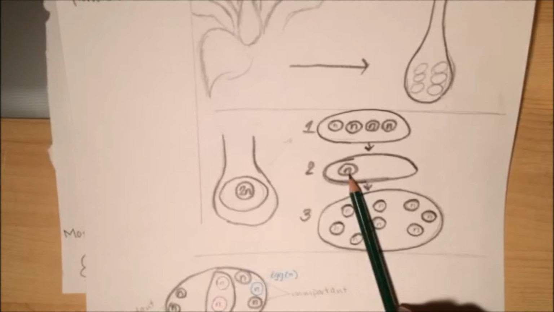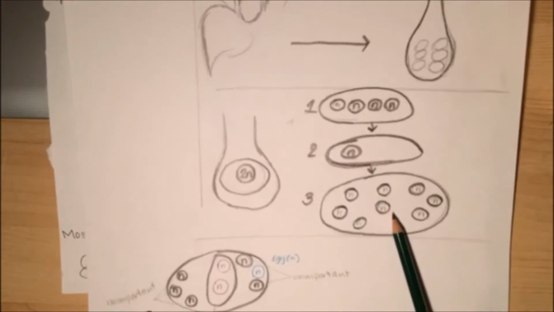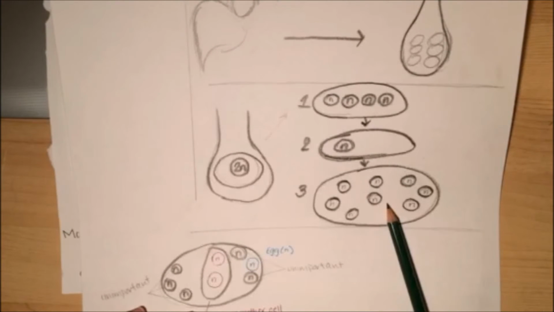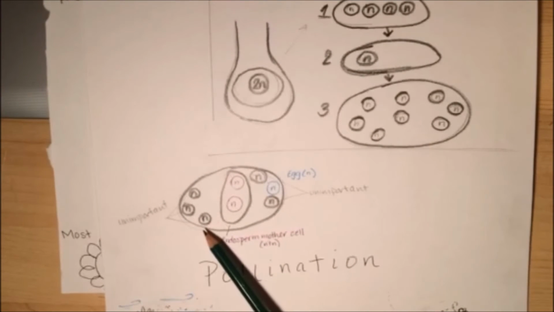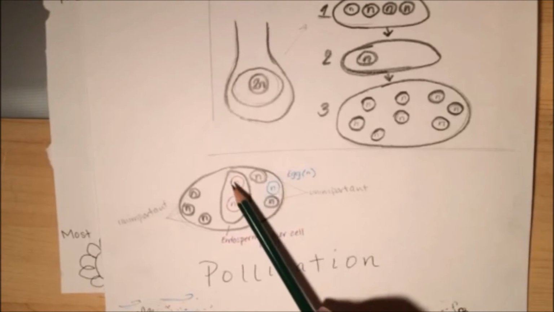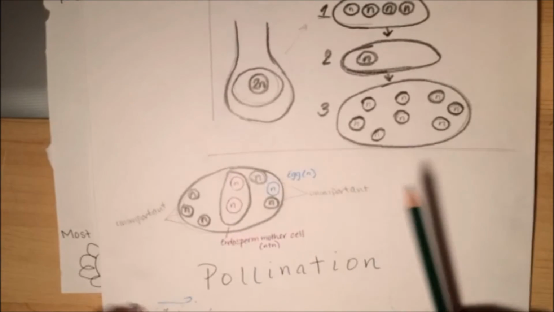That 1 megaspore will expand and go through 3 rounds of mitosis, resulting in 8 haploid nuclei divided into their own cells through cytokinesis, but only 7 cells are formed. 5 synergids, the gray ones, which are unimportant, 1 egg, and 2 haploid nuclei, which are the endosperm mother cell.